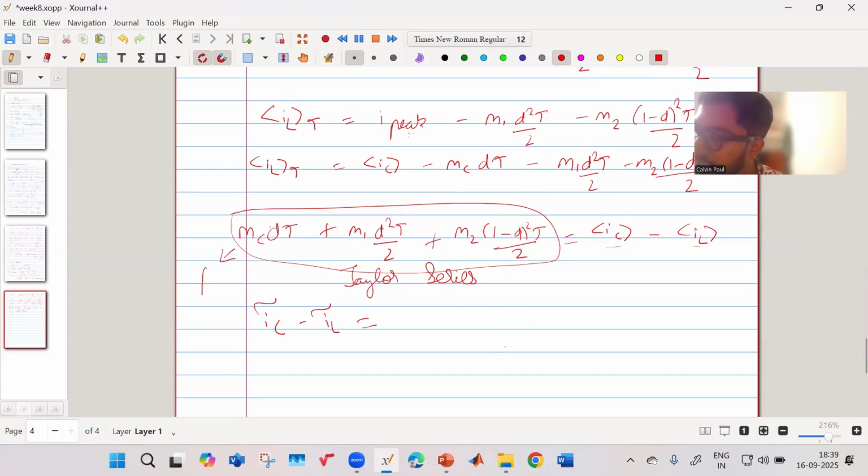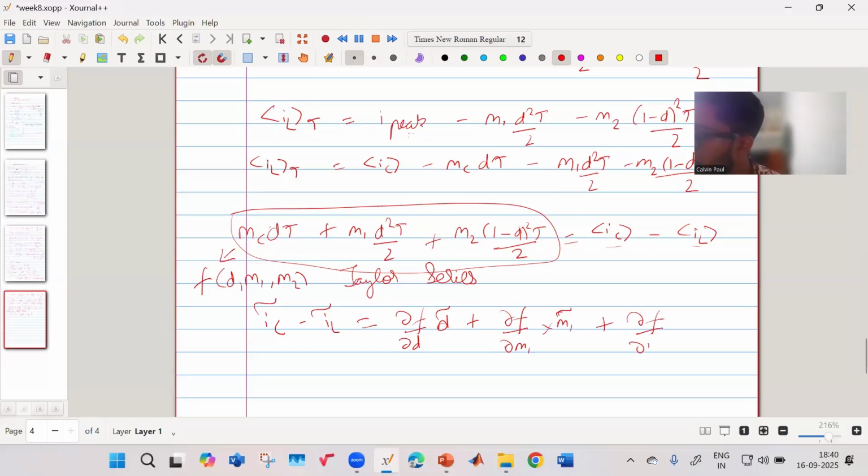Let us call it a function f, which is a function of d, m1 and m2. So this is given by dou f upon dou d into d perturb plus dou f upon dou m1 into m1 perturb plus dou f upon dou m2 into m2 perturb. Any doubts? Can I do this or am I not allowed? I'm doing some shortcut magic.